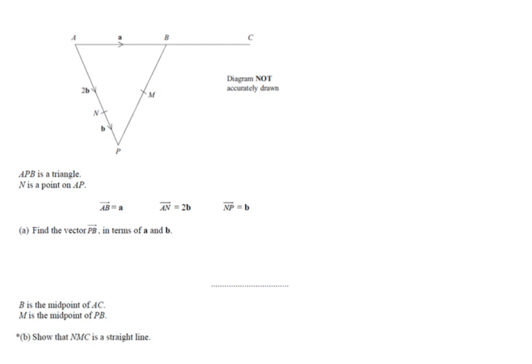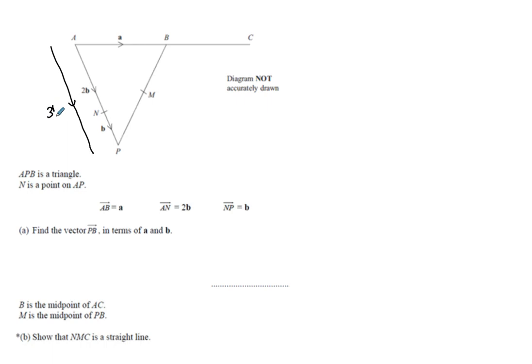Let's look at this one. APB is a triangle, N is a point on AP. So read each and every word, even though you think, oh, it's already there. Because some people just go straight for the questions, and then you miss out on making the diagram your own and preparing. So if N is a point on AP, then when I'm looking here, I can see that whole thing there is 3B.